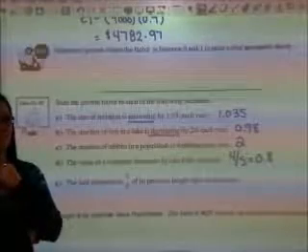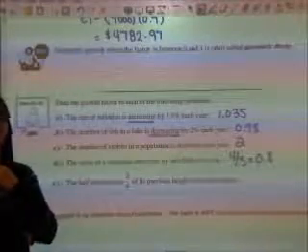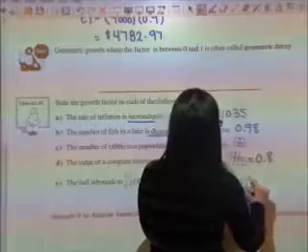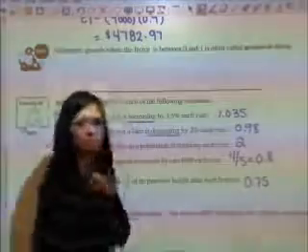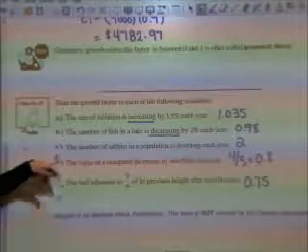A ball rebounds to 3/4 of its previous height after each bounce. So how come this one I didn't subtract from 1? What makes the wording of this one so different that in B and D I subtracted it from 1, but in E I just take the 3/4?